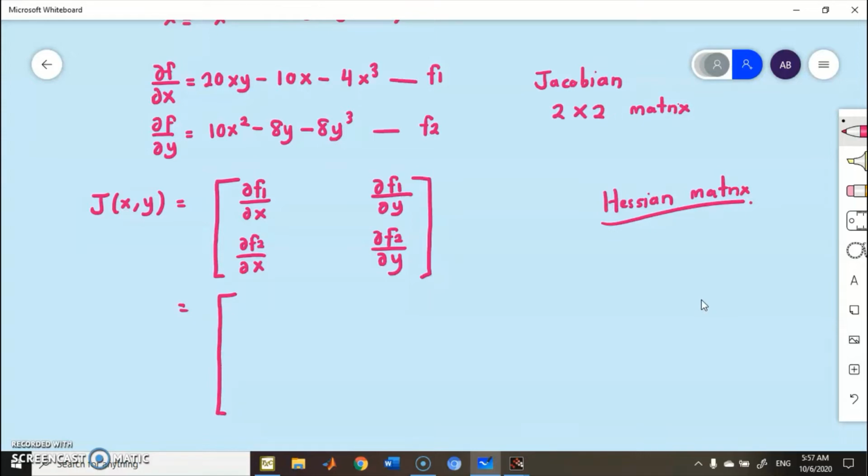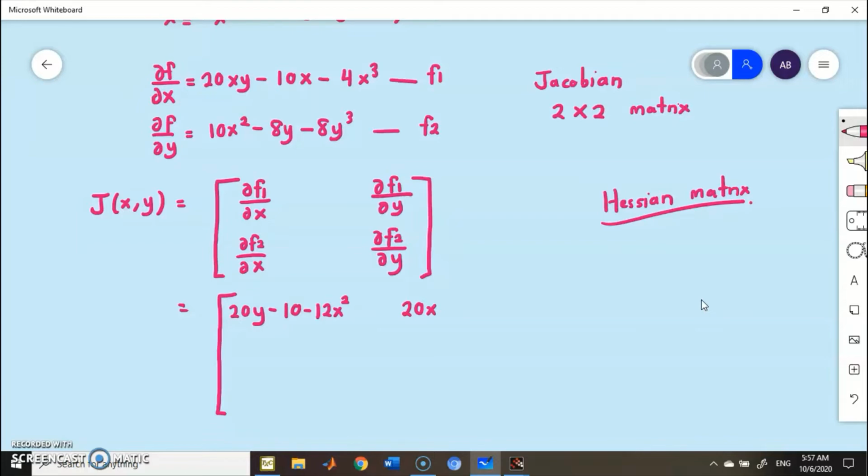Taking the derivative of the first function with respect to x, I have 20y minus 10 minus 12x squared. Then looking at the first function again, taking the derivative with respect to y, I have 20x. Is there any more y? No, that's it.